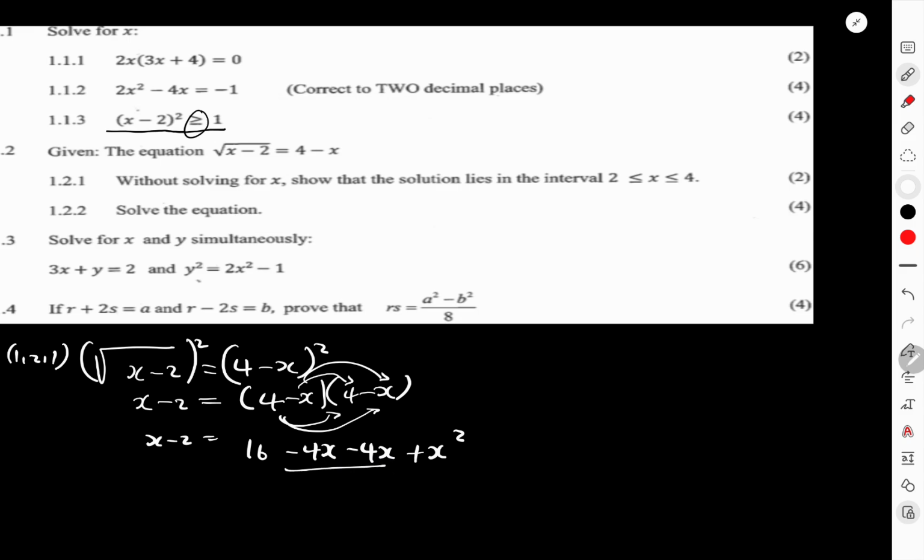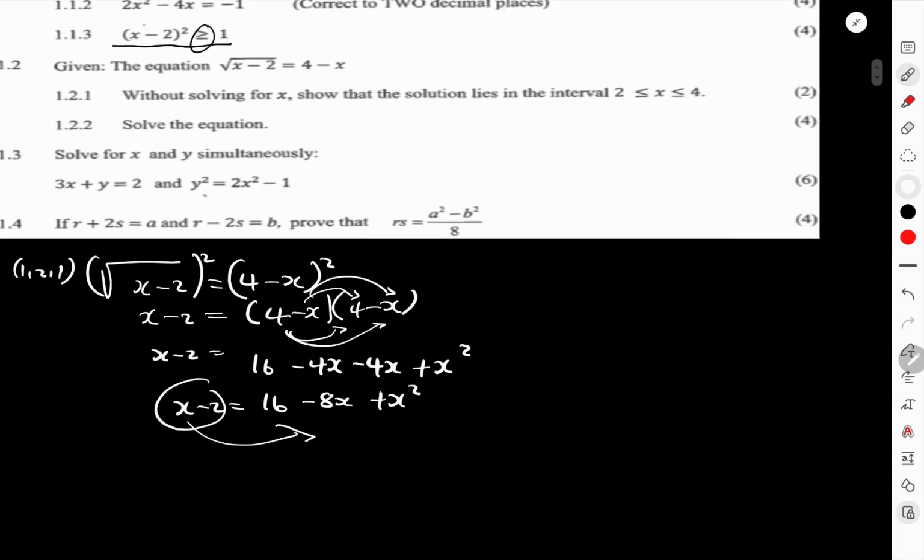Now, these two terms are like terms because they have the same variable raised to the same exponent, meaning I'm going to have x minus 2 equals 16 minus 8x plus x squared, right? Now, after doing this, I have a right to take all the terms here to the right-hand side so that I can keep my x squared as a positive number.